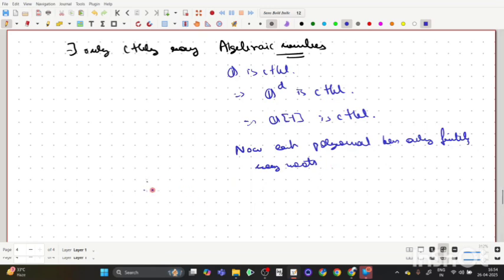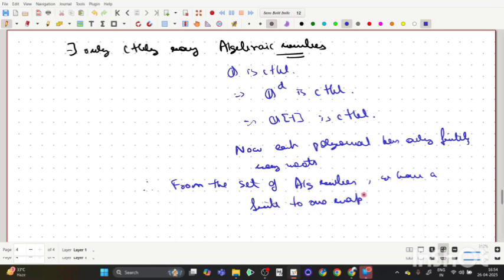Thus observe that from the set of algebraic numbers, what do I have? We have a finite to one map to Q[t], right? Because there can be, say, four roots all going to the same polynomial, right?